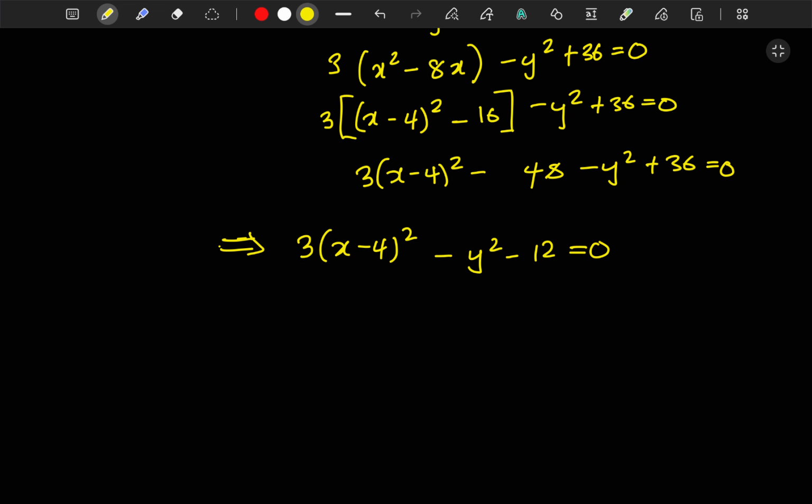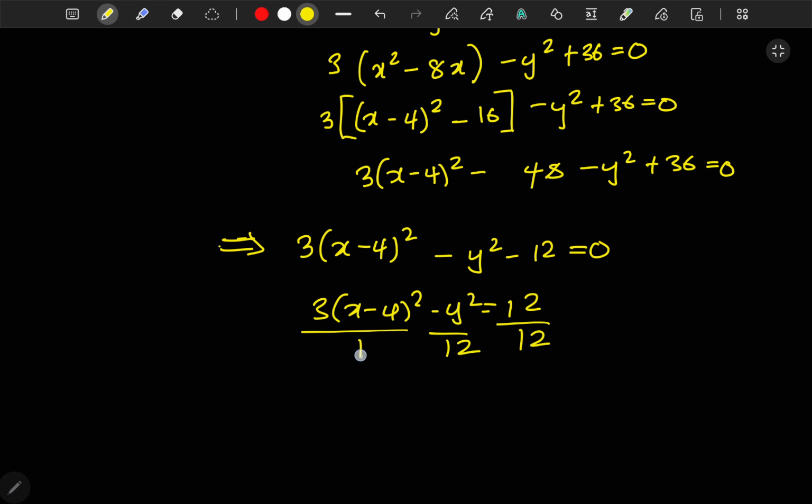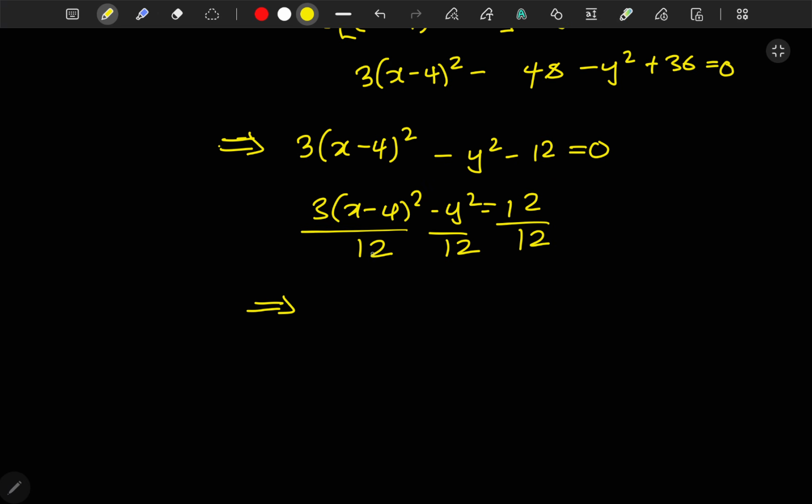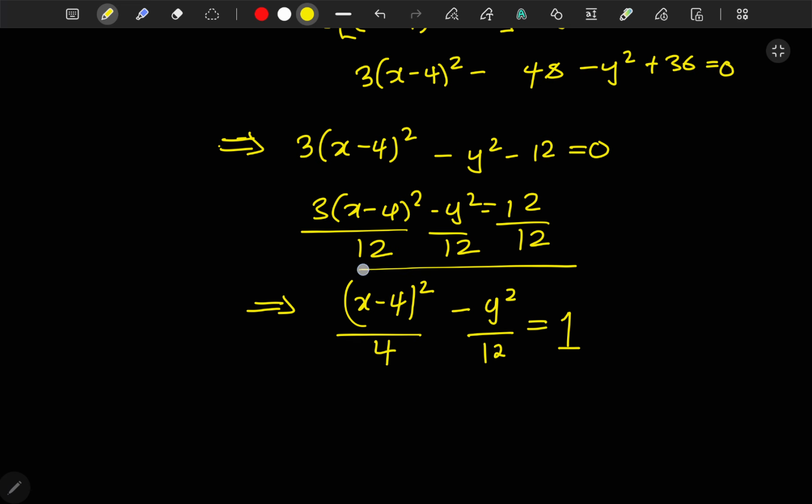Now, ladies and gentlemen, just take the 12 to the other side: 3(x minus 4) squared minus y squared equals 12. Then divide by 12 throughout, and we end up getting (x minus 4) squared over 4 minus y squared over 12 equals 1. This is the final form.